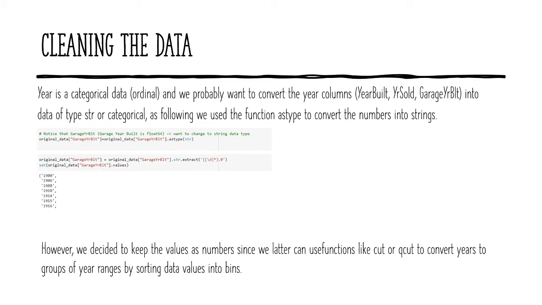We may want to convert them into categorical data, or basically strings, and what we can do is use astype to convert the column to string. However, we decided to keep the values as numbers since we can later use functions like cut or qcut to convert the years to year ranges by sorting data values into different bins.